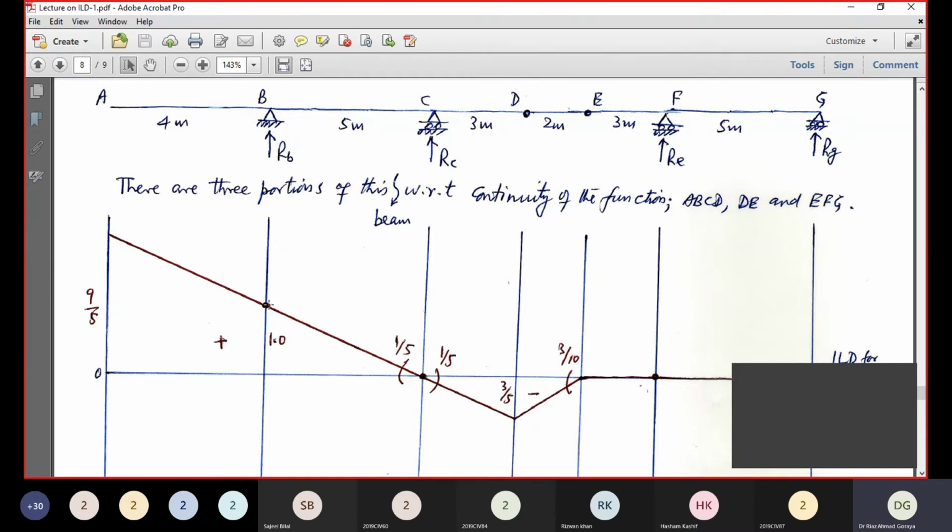Now join the point B with point C with a straight line. This will go straight up to A. This will go straight back up to D. Because in this portion, the continuity of the function is intact.